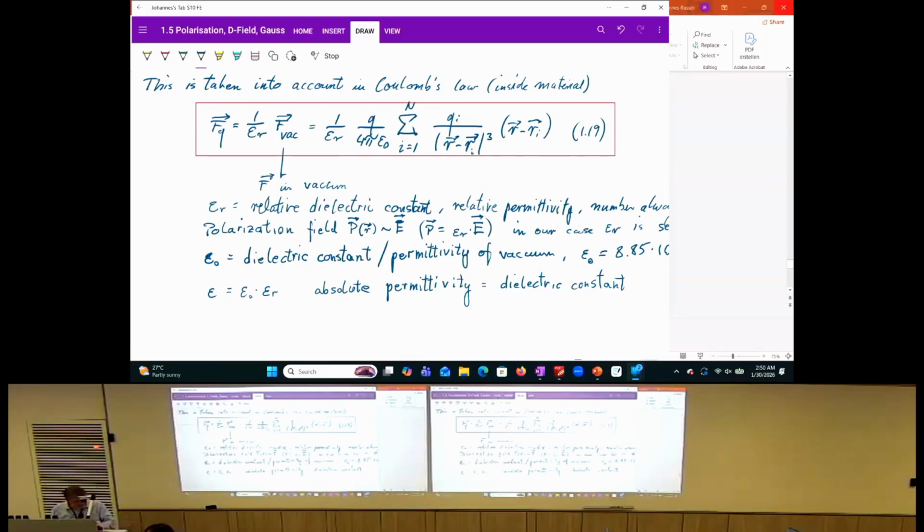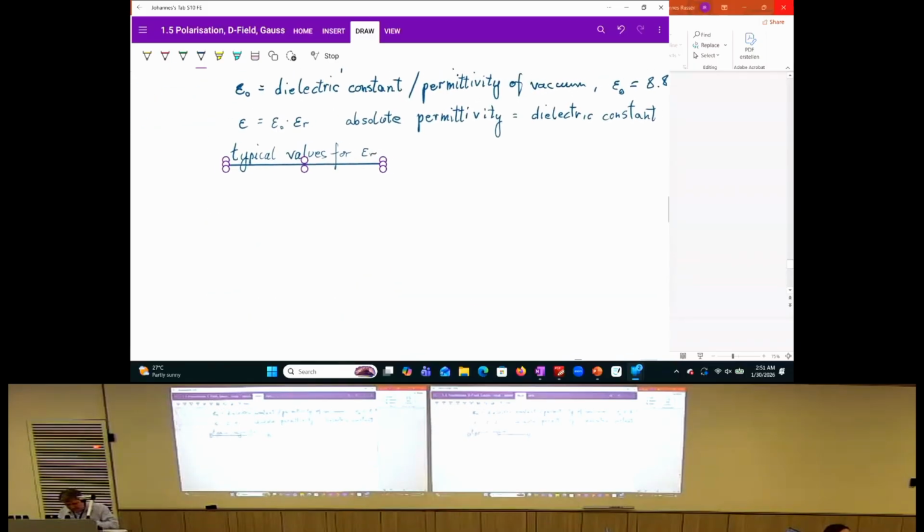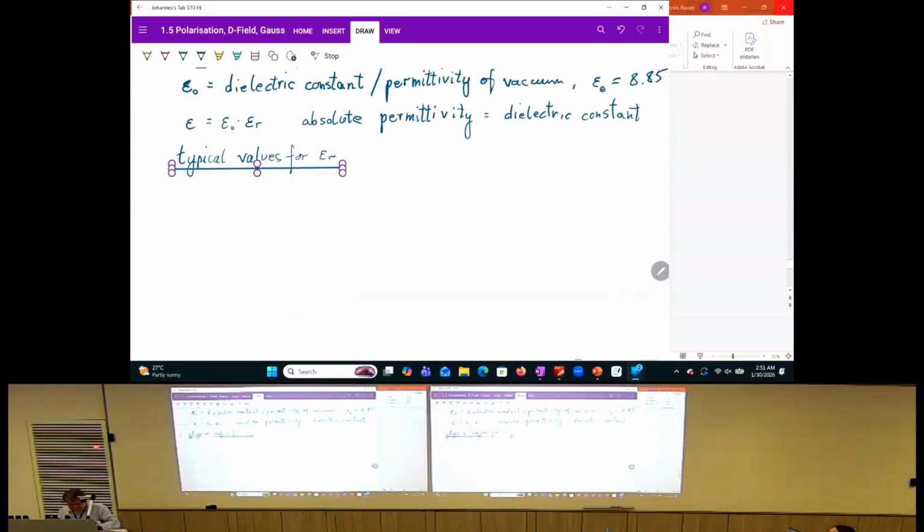So what are typical values for the epsilon r? If you are looking at gases or air, then your relative permittivity is usually something like 1.005 to 1.001.